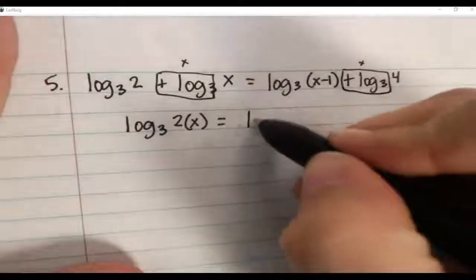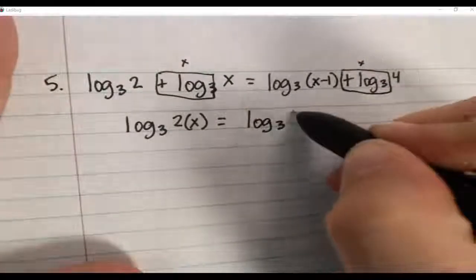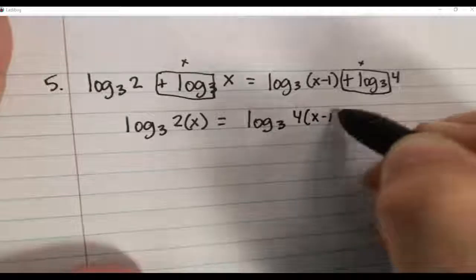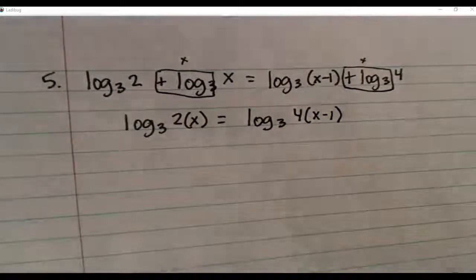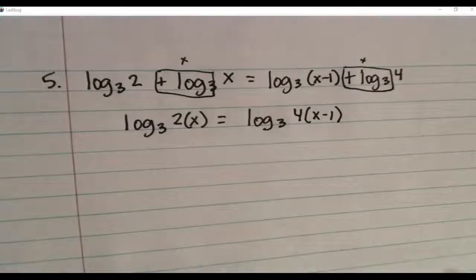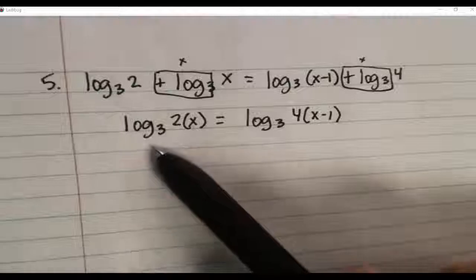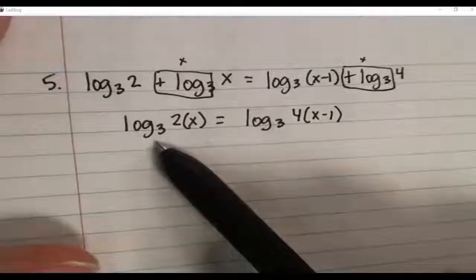So then that'll be log base 3 of 4 times x minus 1. And I just put the 4 out front so we remember we have to distribute it. Okay. Well, now I look, I have one log on the left, one log on the right, so they cancel.